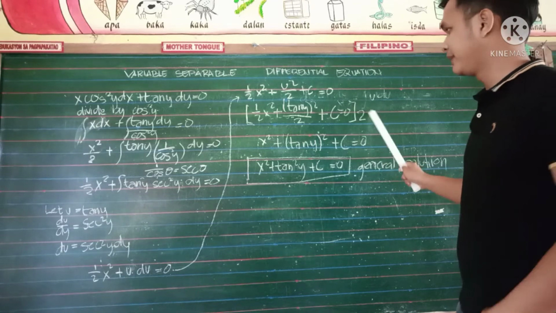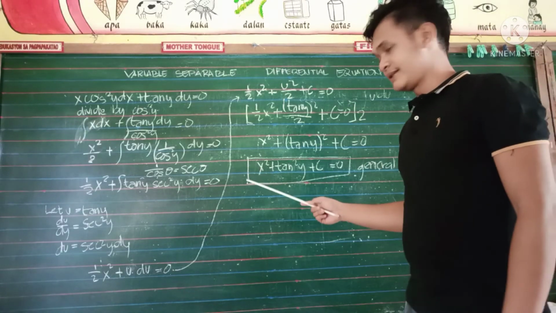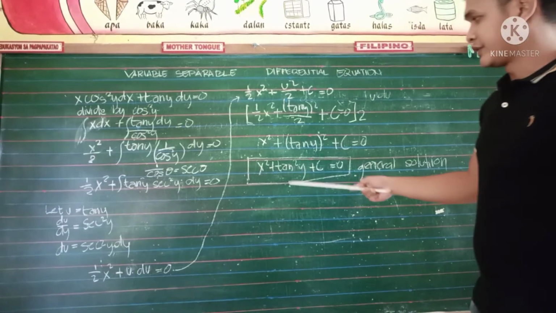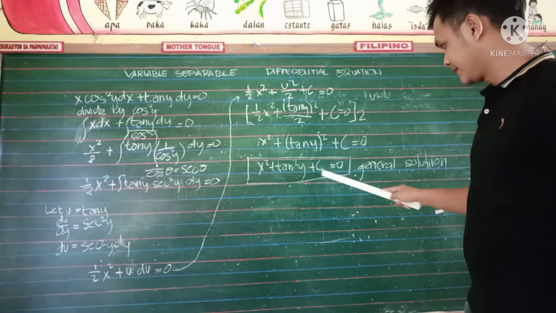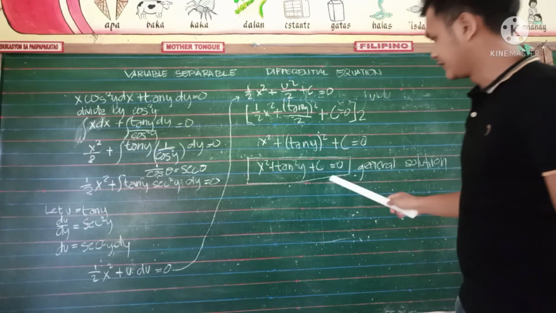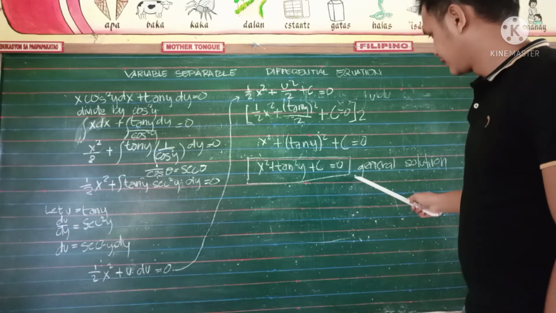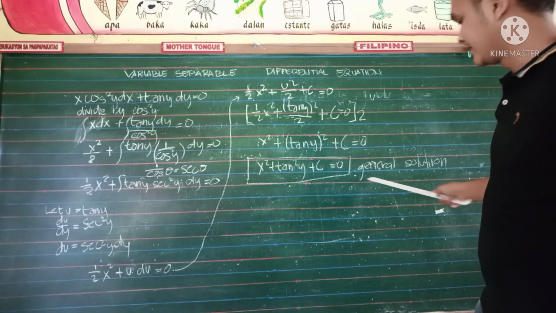Then a constant multiplied by a constant is always a constant. The answer is x squared plus tangent squared of y plus c is equal to 0. So that is our final answer. The constant is not defined, so the equation here is the general solution.